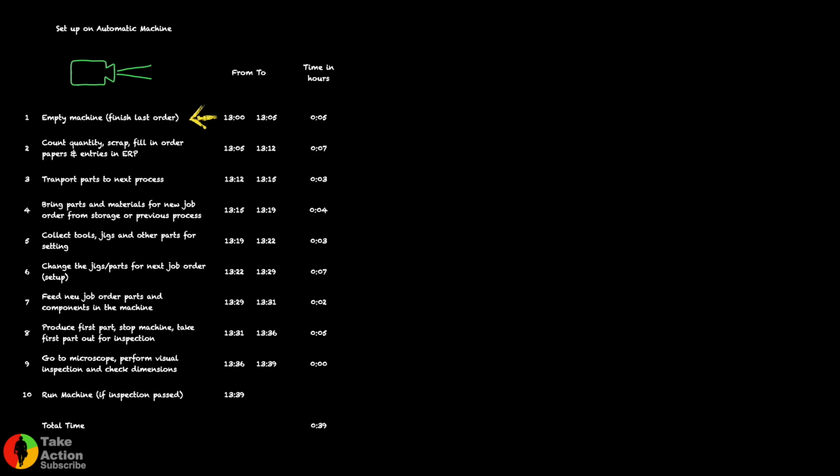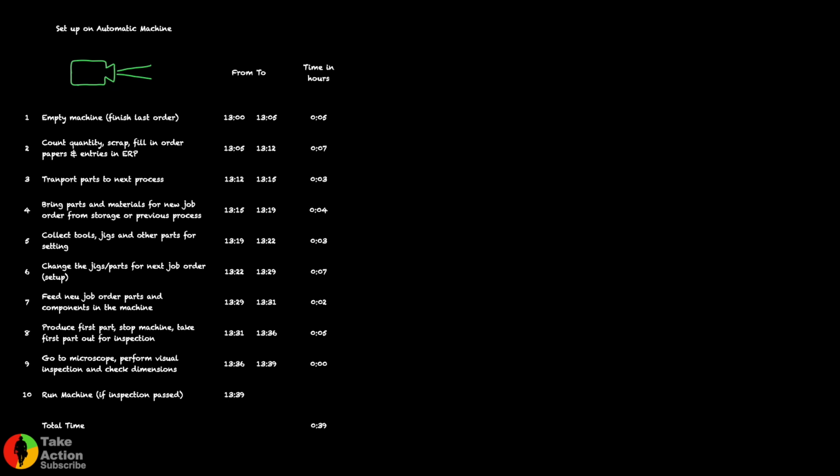First of all, activity number 1 is that we empty the machine, so that the last part of the last order is out and the whole machine is empty. After that, the machine operator is counting the quantity of the good parts and the scrap and filling the paper. The job order in ERP is going to the computer and registering the finished job order there.